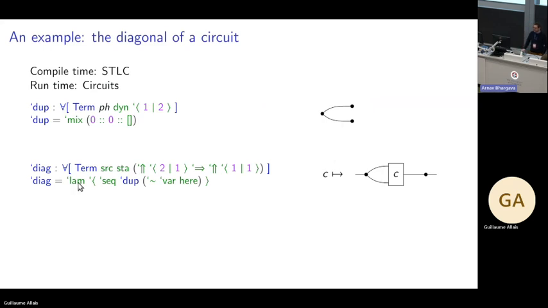We first take the circuit that is passed as an argument using a lambda abstraction. And then we take the sequential composition of the duplication circuit we saw above, which gives you two copies of the original signal, and then sequentially composed with just the variable referring to the argument we got, which is exactly this pattern in a sense.